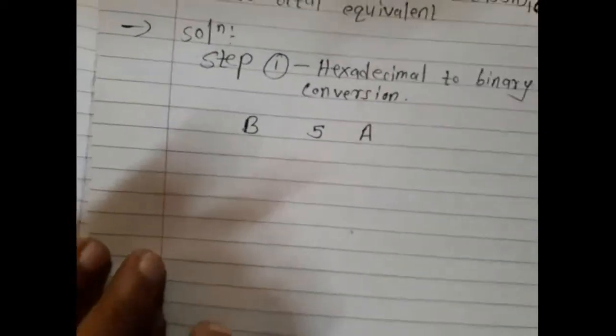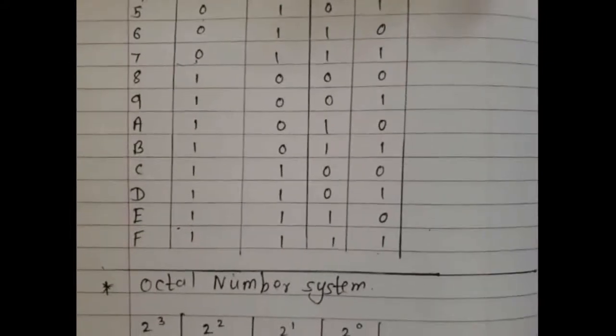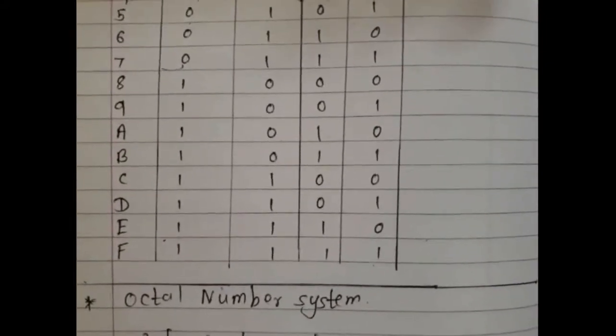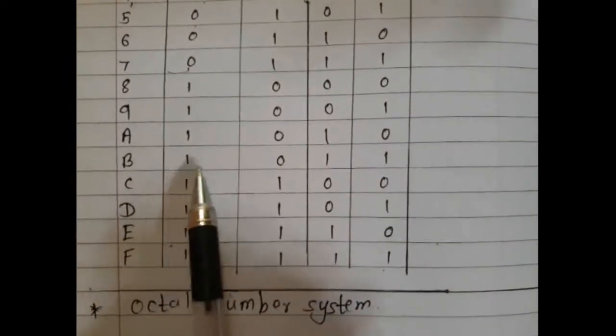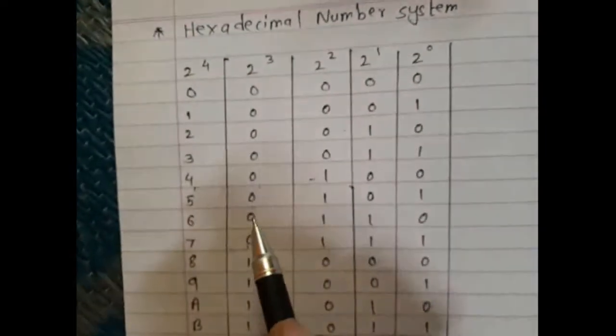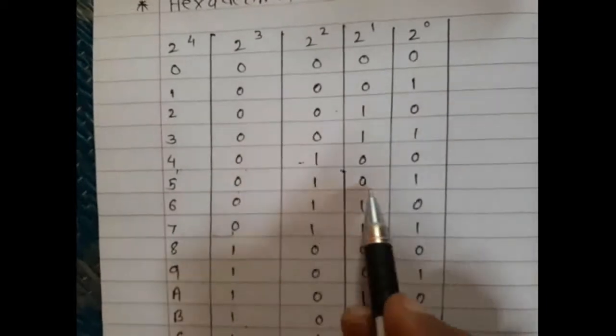Now see, what is the value of B, students? The value of B is 1011. I will put here 1011. Now 5, what is the value of 5? 0101.